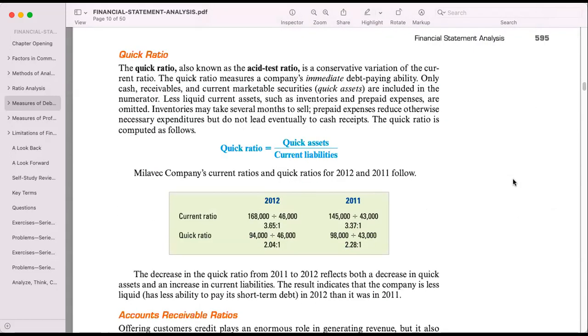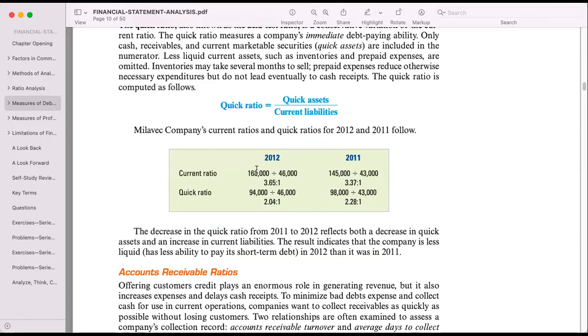But in the acid test ratio, or the quick ratio, only the quick assets are included. What are quick assets? These are the assets that are easier to convert into cash. So we have cash, the accounts receivable, and the marketable securities that can be sold right away. The interpretation is the same as before.